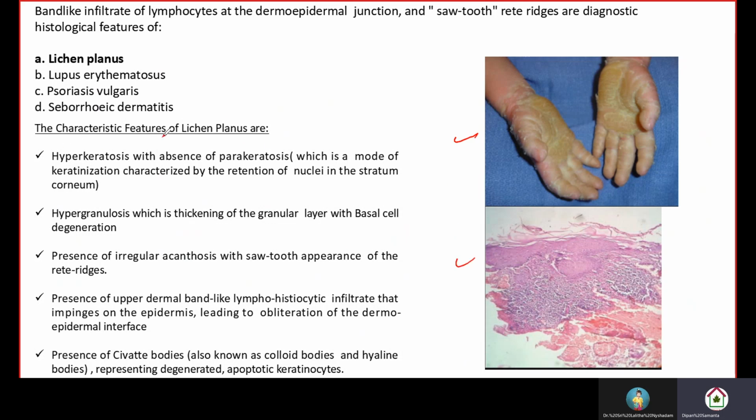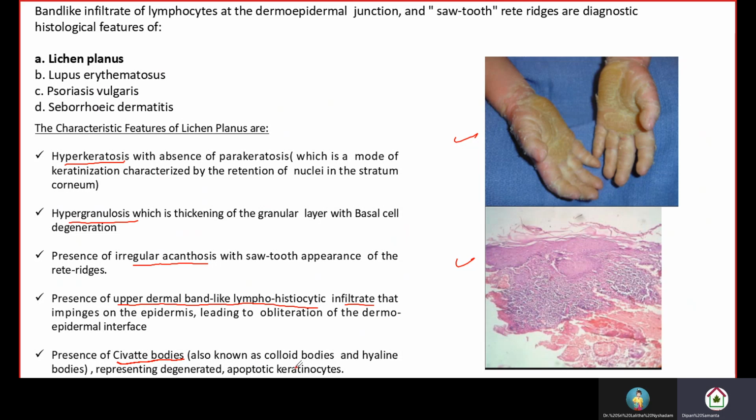So the characteristic features of lichen planus are hyperkeratosis, hypergranulosis, irregular acanthosis, presence of an upper dermal band-like lymphohistiocytic infiltrate, and Civatte bodies. Presence of Civatte bodies. What are these?